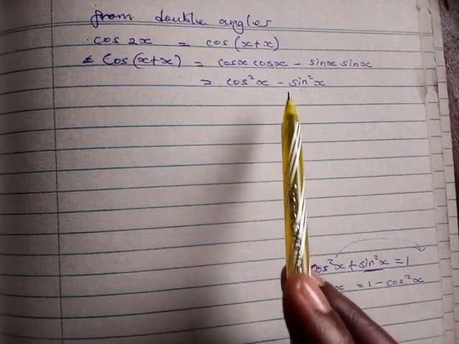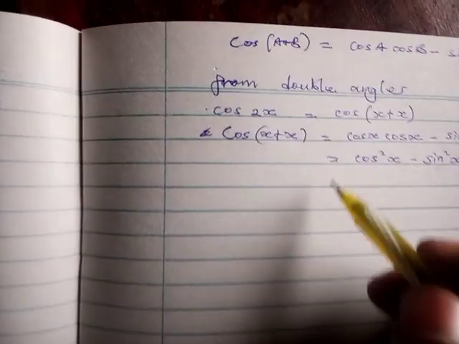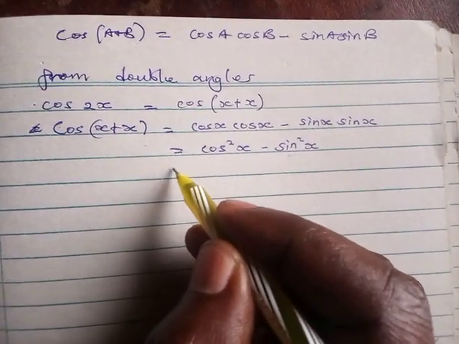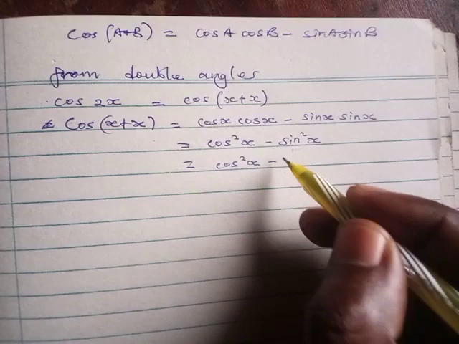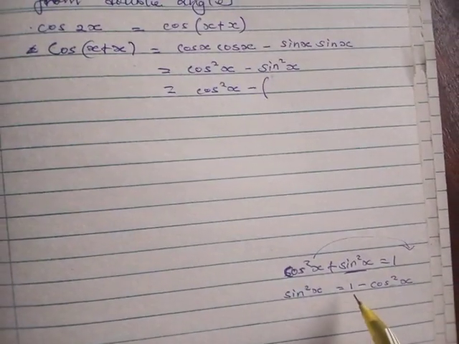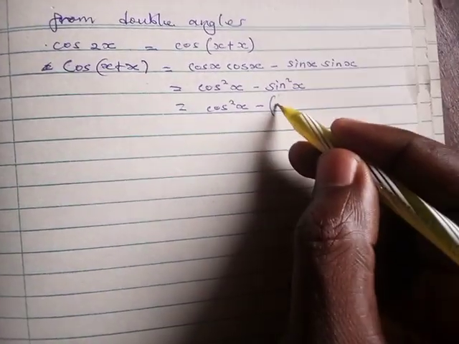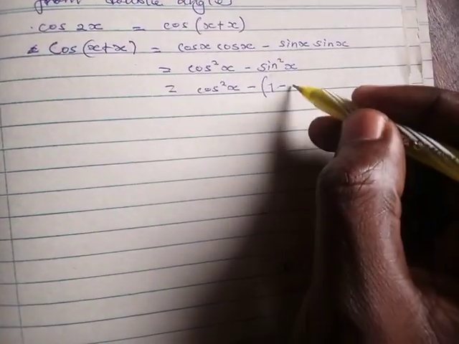So where you see sin squared x, I'll put its equivalent here. So this is the same as cos squared x minus, then I put the equivalence of sin squared x, which was 1 minus cos squared x.